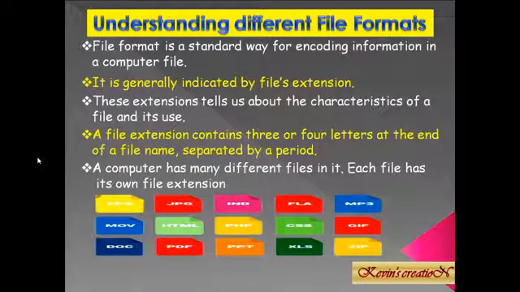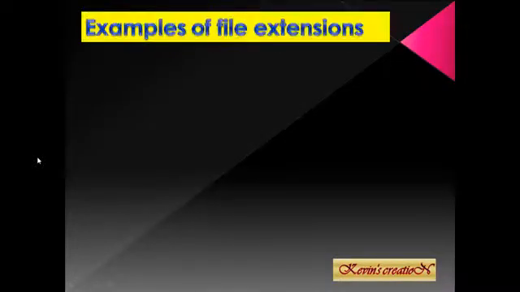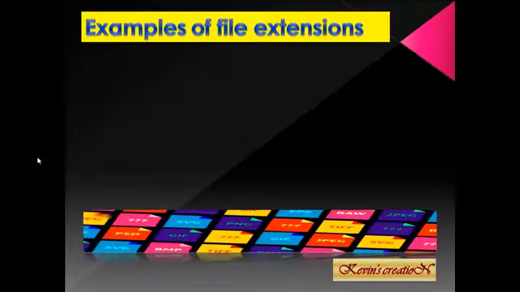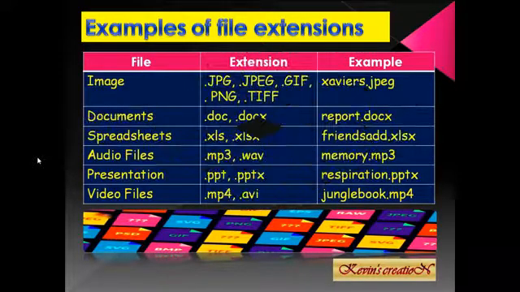And the last one, a computer has many different files in it. Each file has its own file extension. So there are various kinds of files, so there are various kinds of file extensions as well. Now examples of various file extensions, this is given in your book as well.